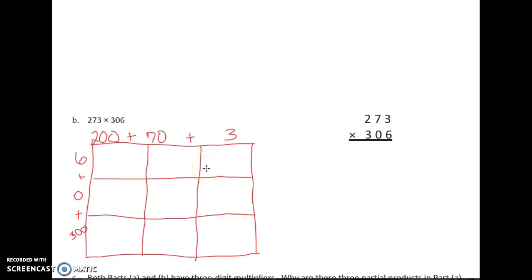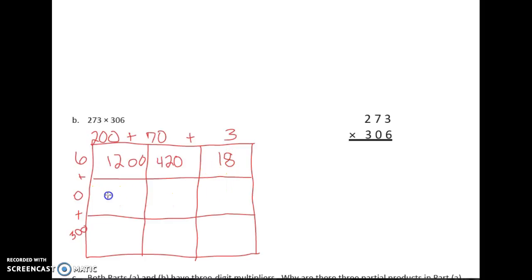We'll check it out. So starting here, we're going 6 times 200. We know we're going to have 2 zeros involved because we've already got those zeros. 6 times 2 is 12. And then let's take a look at 6 times 7 is 42 with a 0 on the end because of this. 6 times 3 is 18, last I checked.